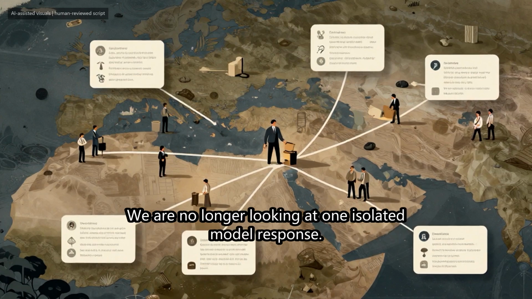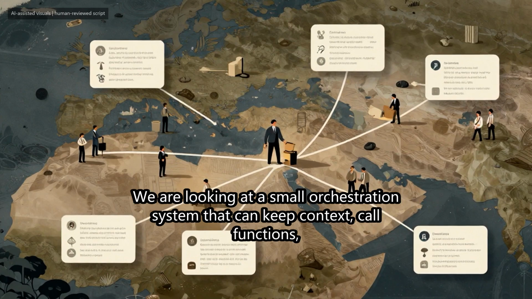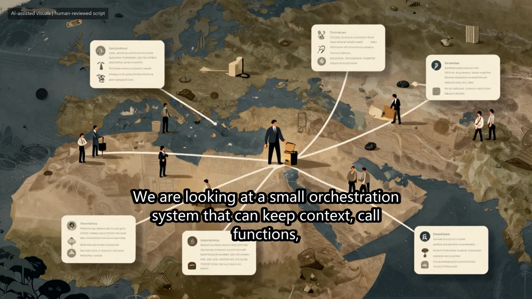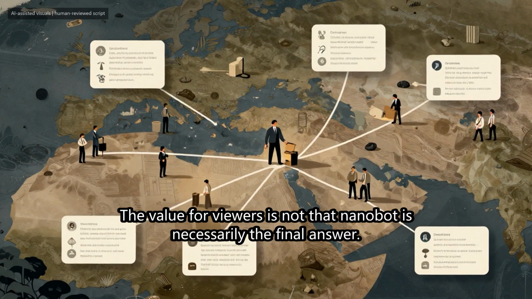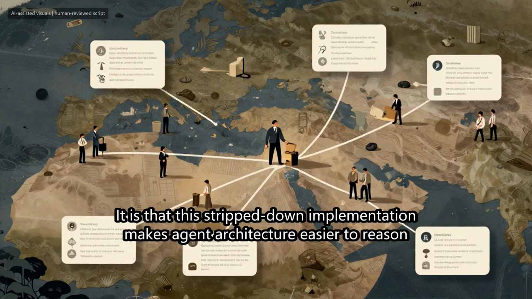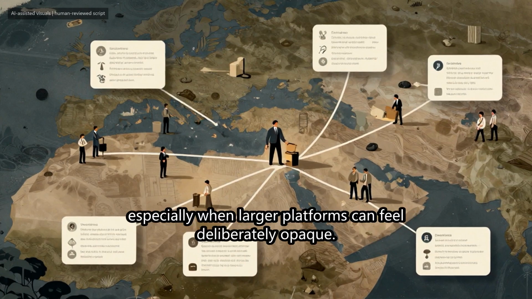We are looking at a small orchestration system that can keep context, call functions, and delegate work. The value for viewers is not that nanobot is necessarily the final answer. It is that this stripped-down implementation makes agent architecture easier to reason about, especially when larger platforms can feel deliberately opaque.